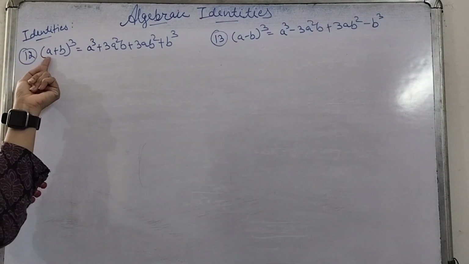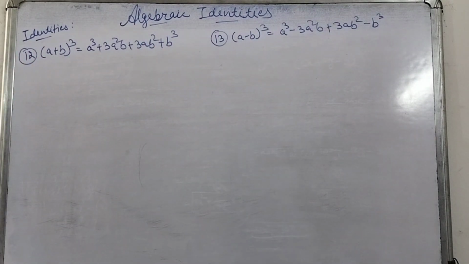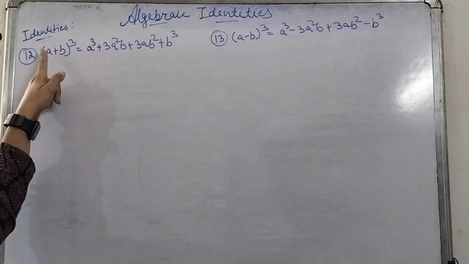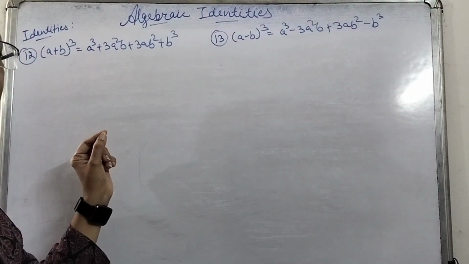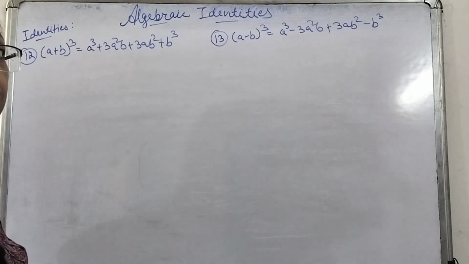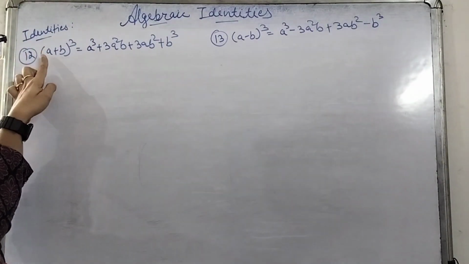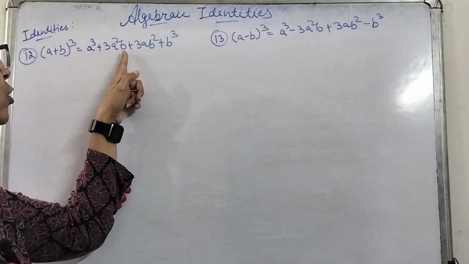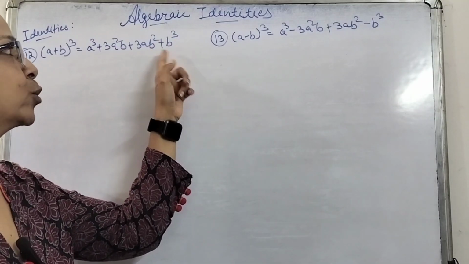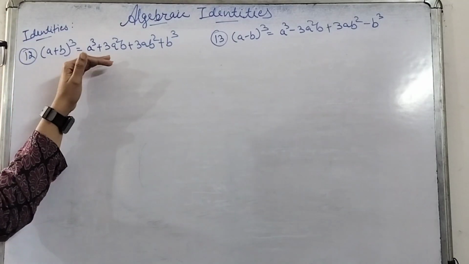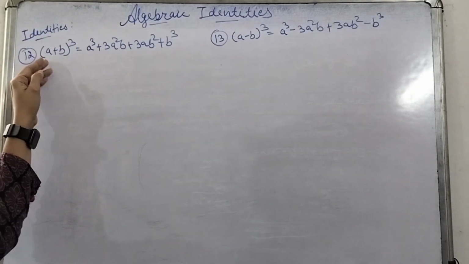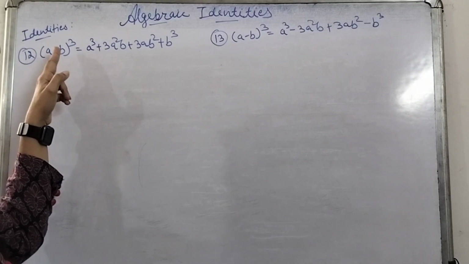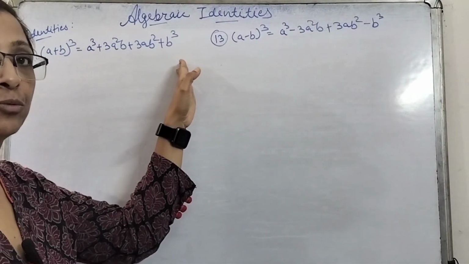If we replace a or b by any number, expression or variable, the expansion of (a + b) whole cube will be a cube plus 3a square b plus 3ab square plus b cube. Because it is an identity, for each and every value of a and b, this will be true.